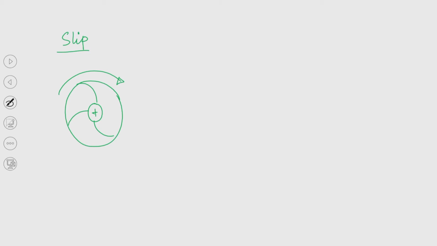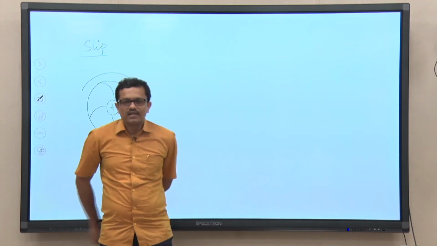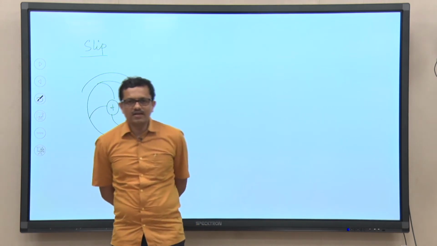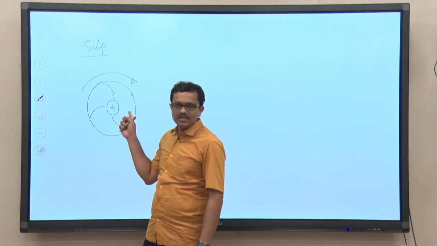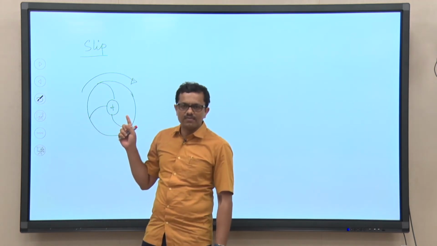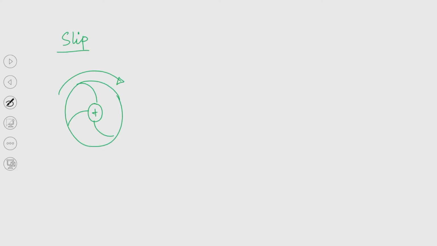When we talk about energy conversion, we have seen either the impeller of a radial flow pump or an axial flow pump. In this particular class I have drawn one impeller of a radial flow pump, rotating in the clockwise direction.